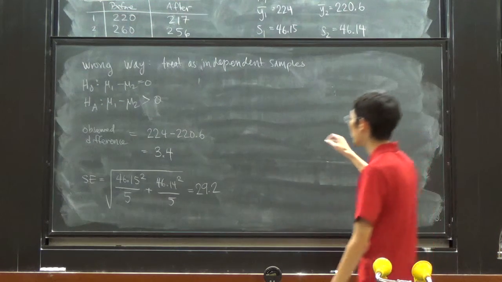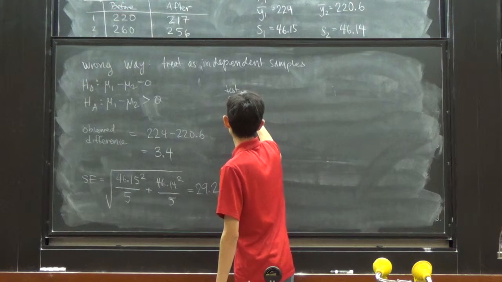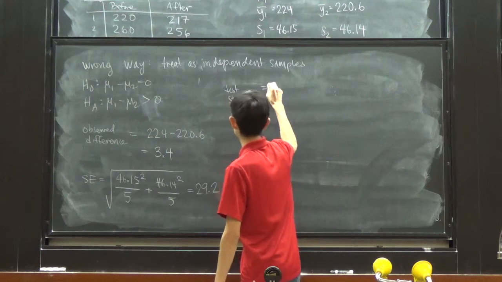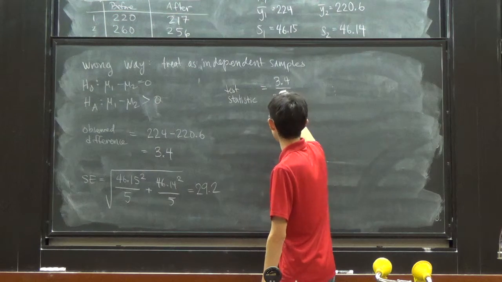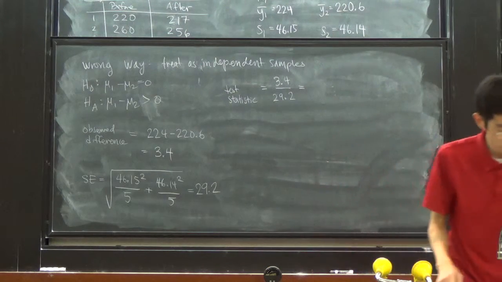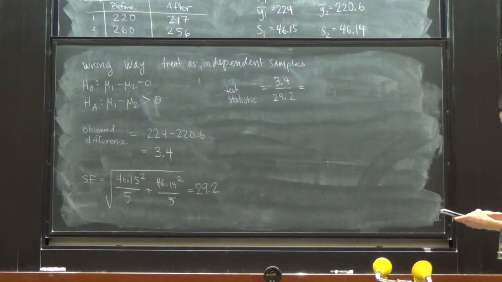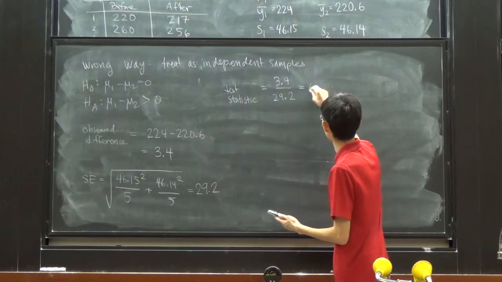So my test statistic would be equal to 3.4 divided by 29.2. I'm getting 0.116.